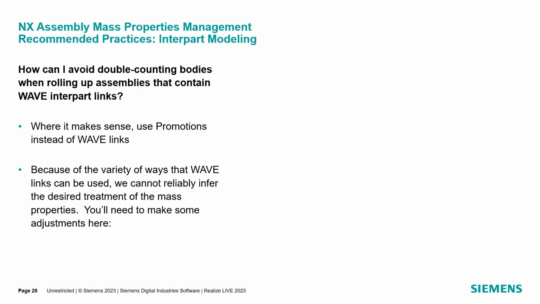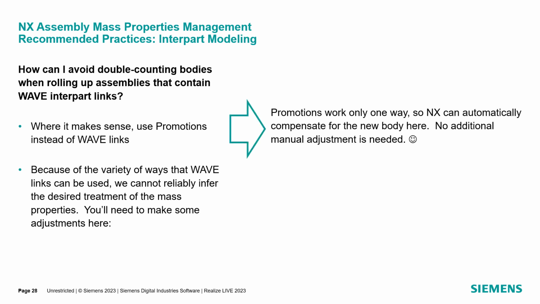Okay, a promote feature is used specifically for cases where a body from a component will be modified in a parent assembly. Right, it's always going to be linking upward one level. That's how they work. And the plan there will be to modify or combine that body at the assembly level. This might be used for things like weldments, for instance.